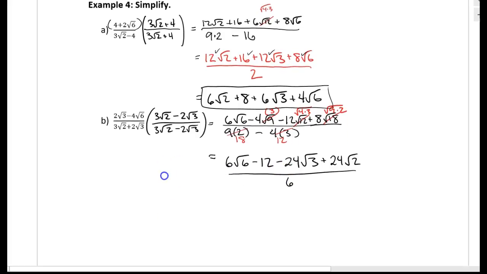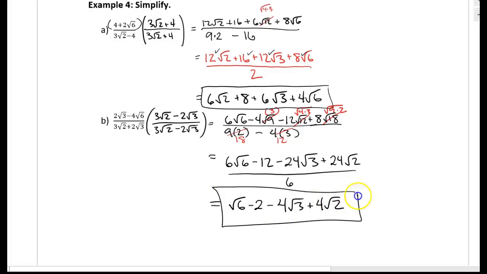Again, it works out nicely that 6 goes evenly into all of these terms. So we're left with root 6 minus 2 minus 4 root 3 plus 4 root 2. I can't go any further because all my radicals are different, so I'm done at this point.